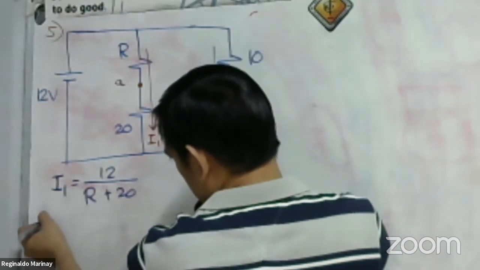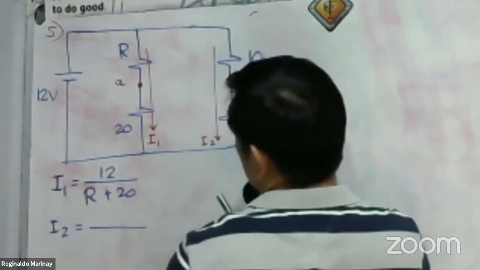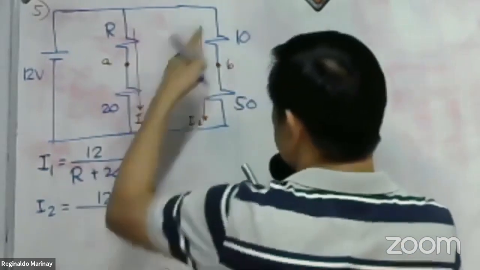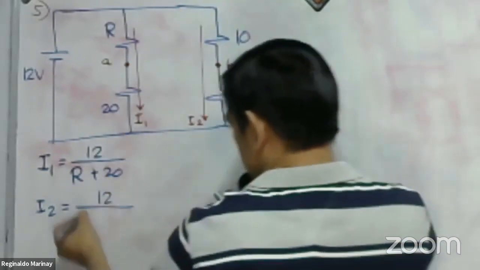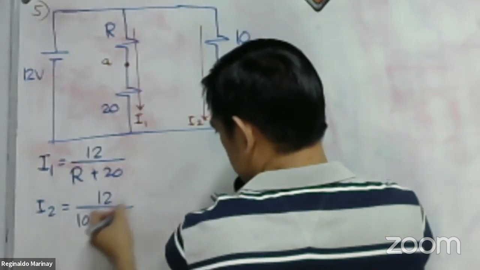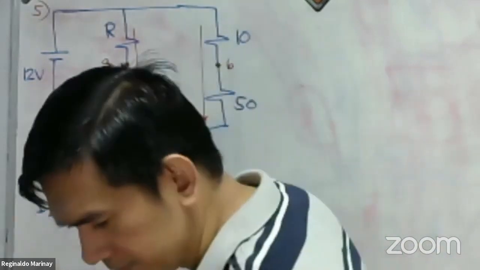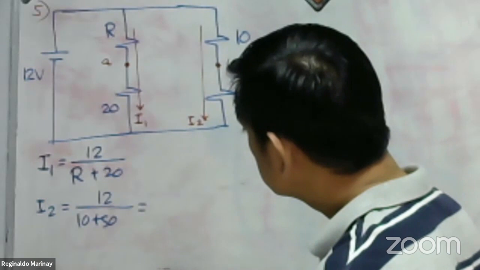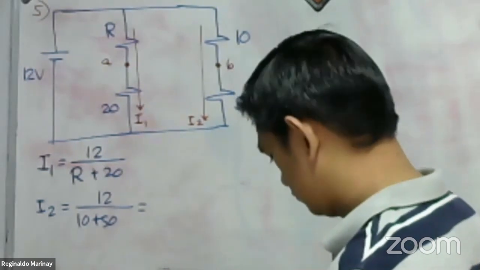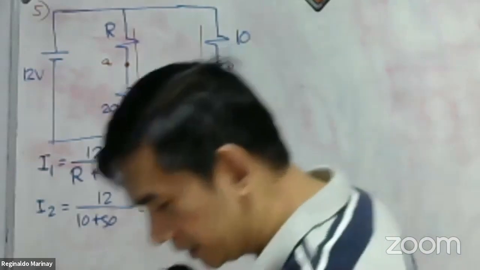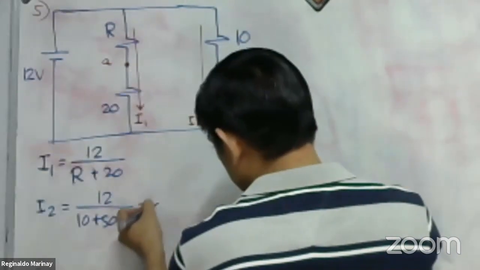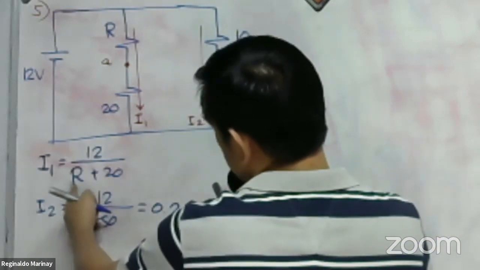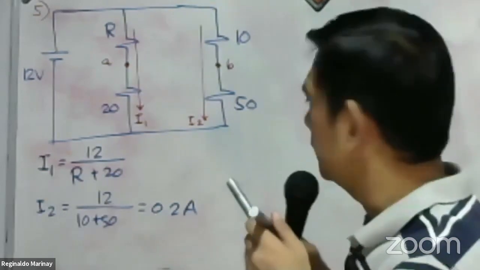Then let's have now our I sub 2. We have 12 over the combination of 10 and 50, so 10 plus 50. We can solve this. So this is 0.2 ampere. We cannot solve the first because R is unknown. That is the unknown in our problem.